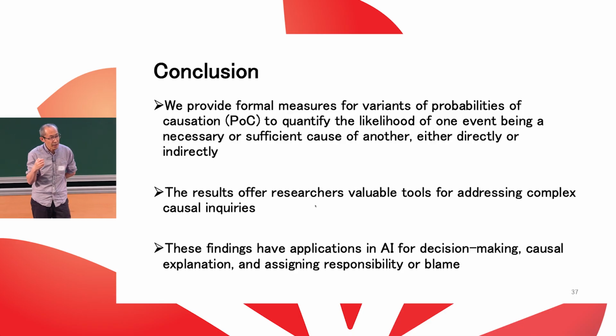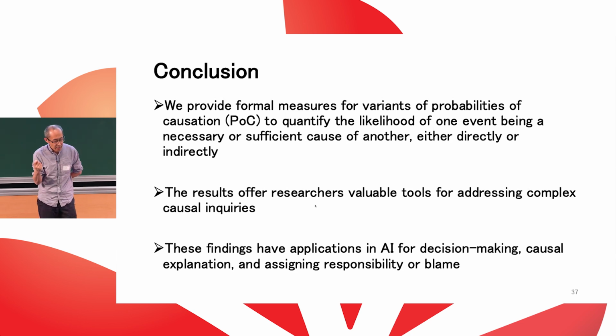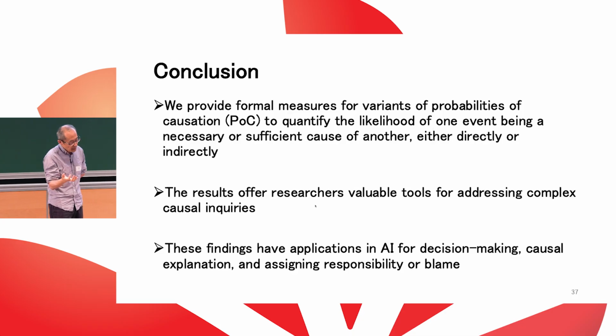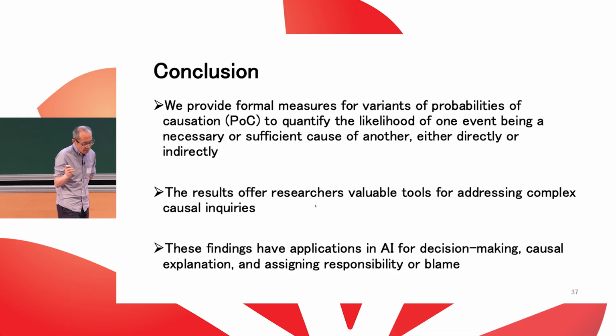So intuitively, those are the quantities we often ask in a number of AI applications, when you need to, say, make certain decisions, when you try to provide some causal explanations. In other situations, when you try to assign responsibility or blame, for example, someone, say, took a drug and died, how do you assign the blame to, say, the drug company and so on.